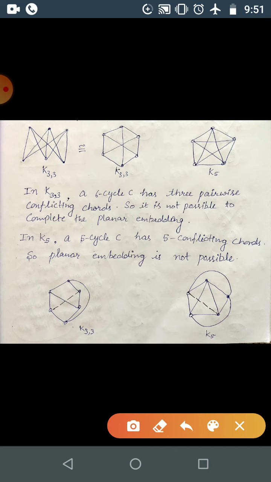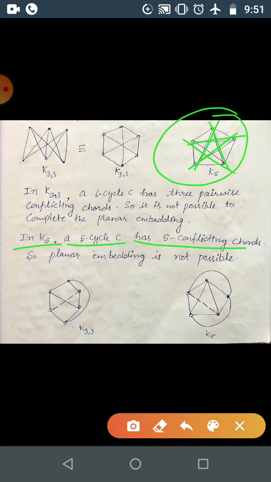Now come to K5. So in K5, as I explained just now, the 5-cycle has these 5 conflicting chords inside. So planar embedding is not possible because at least 2 we can manage, but at most 2 we can manage. But what about this one?